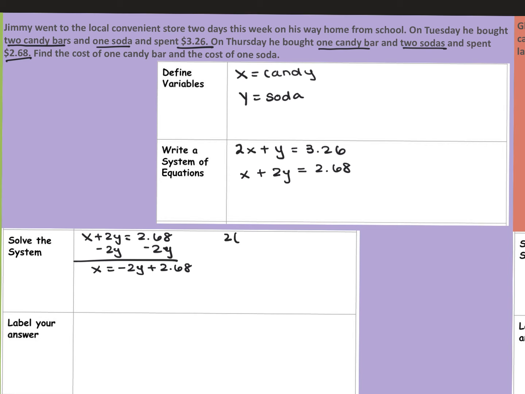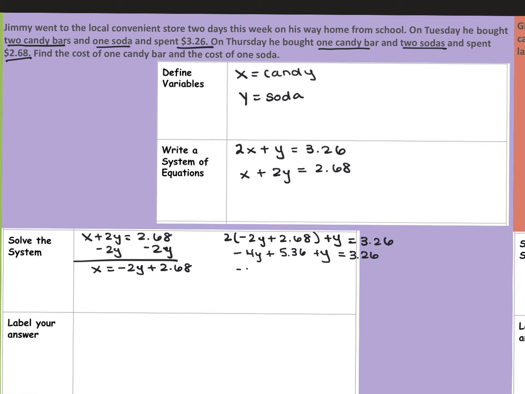So I have 2 times negative 2y plus 268, plus y is equal to 326. Now I'm going to distribute my 2. So I get negative 4y plus 536 plus y is equal to 326.